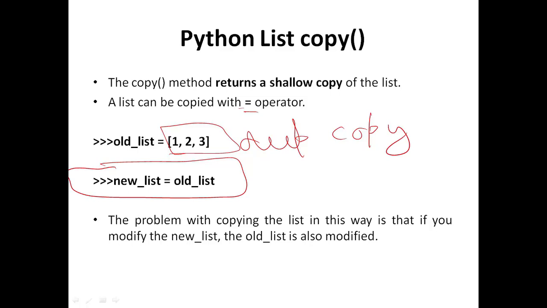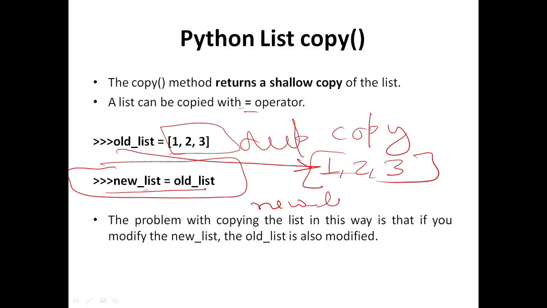So these two variable names, old list and new list, will point to the same object. That means there is just one single object, 1 2 3, which is a list, and the name old list is pointing to this object, and when we write this syntax, the new list will also point to this object. So this concept is called deep copy, and if we use the copy method of list, then this is called shallow copy, because it will create a different object.